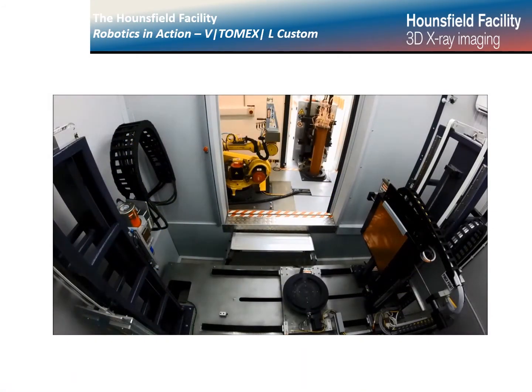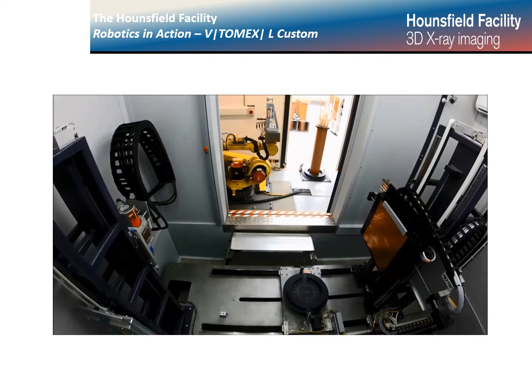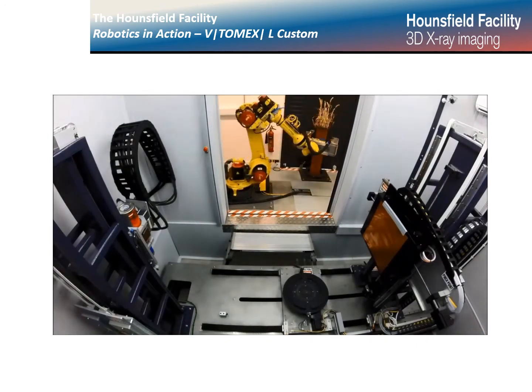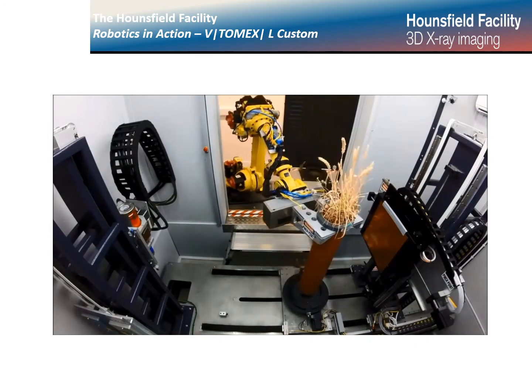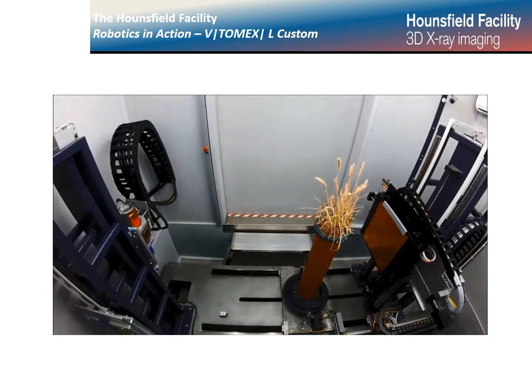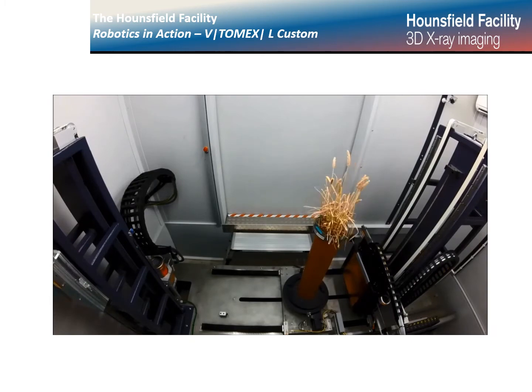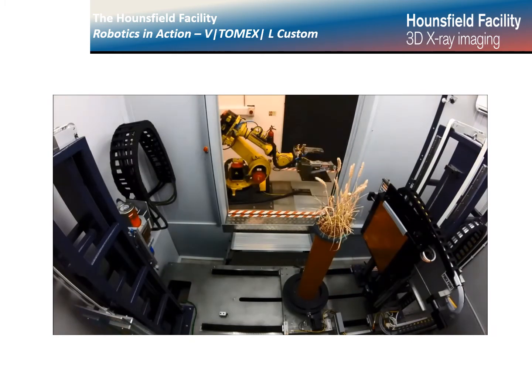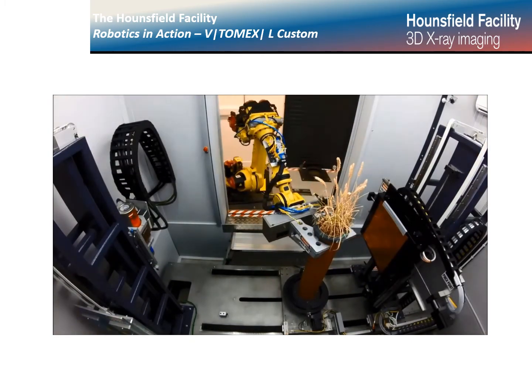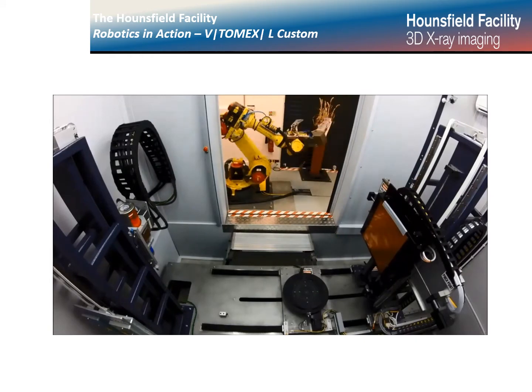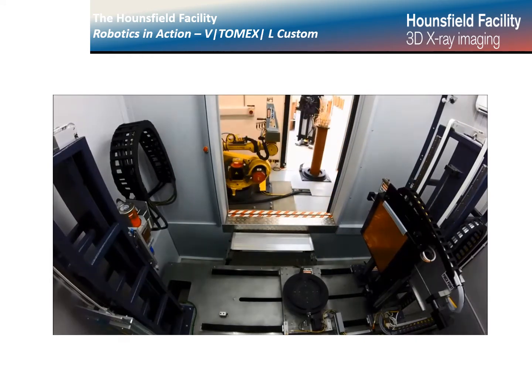This arrangement allows for samples grown in the greenhouse to be transferred using a robot into the imaging station. So we use robots to move samples in the greenhouse, and then we use a robotic arm to move the samples into the scanning chamber.